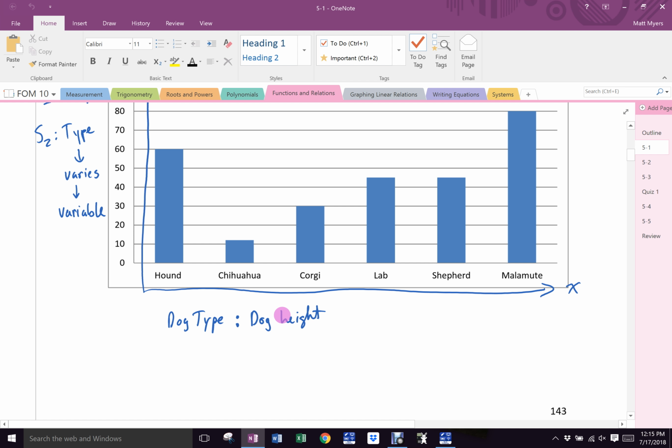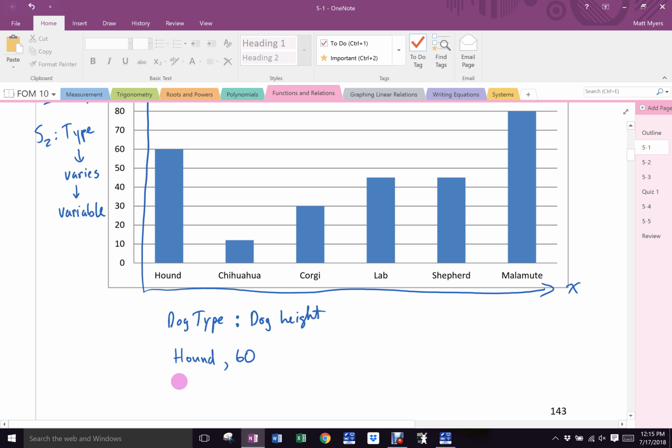So, what would you say is that comparison for this first column? What would you write for dog type? Hound. And what would you write for height? 60. X, Y. Just like when we're making a graph.